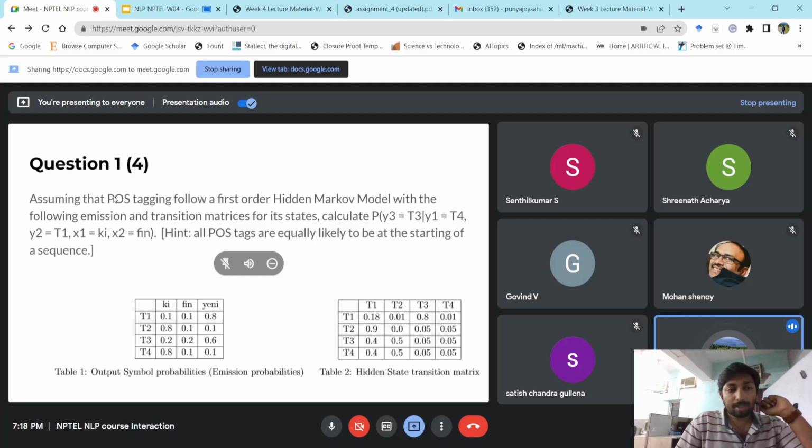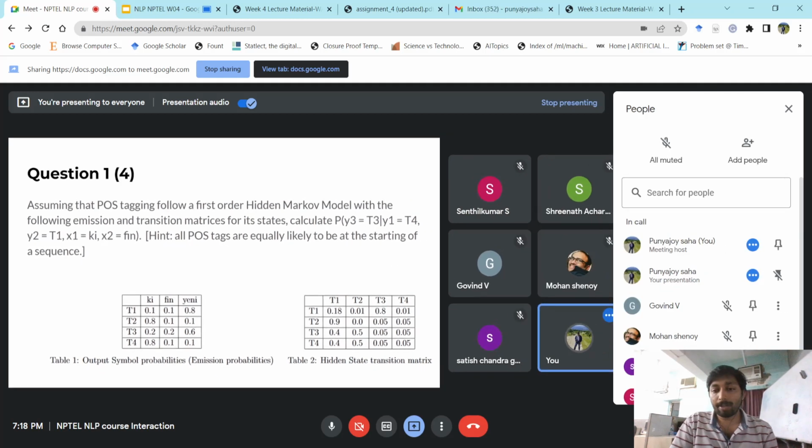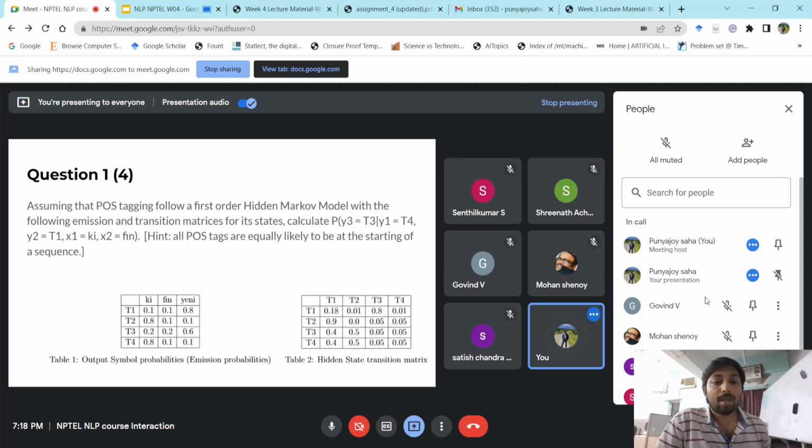So this is essentially a POS tagging framework. So what is POS tagging? POS is generally parts of speech. If you have a sentence, you want to assign different words with different parts of speech. So something can be a noun or a verb or something like that. Now here T1, T2, T3, T4 are different POS tags, and the words are ki, fin, and yeni.